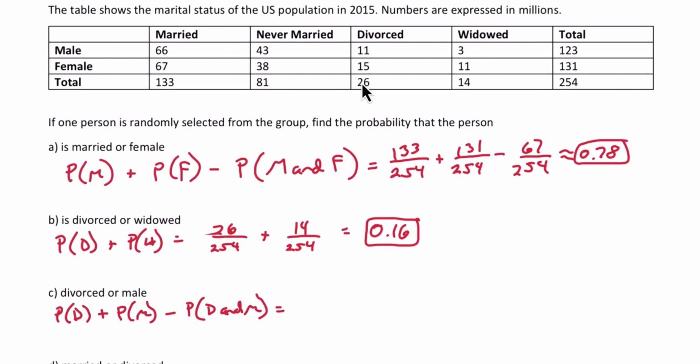Divorced, there's a total of 26 out of 254, plus male, there are 123 total males out of 254, minus the probability that they are divorced and male. That's 11 out of 254.